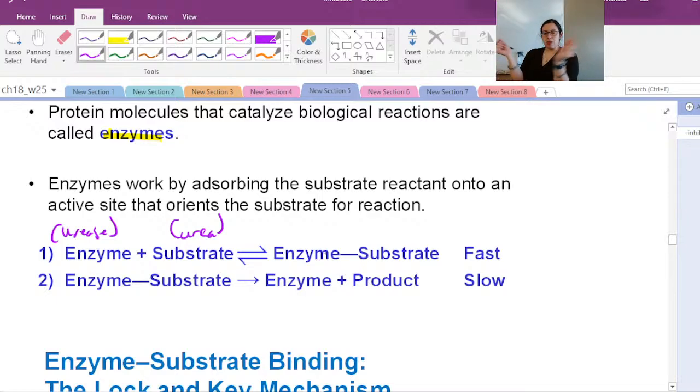You have some sort of enzyme and substrate, they're going to bind, and I think your lab mentioned that this is generally the fast step, which we looked at. And then once the enzyme and substrate bound, what you were observing was your product formation.